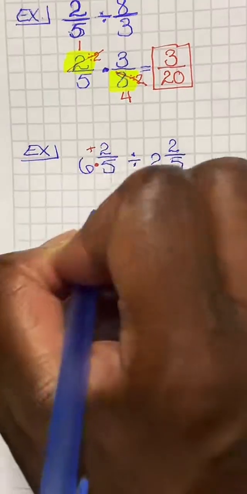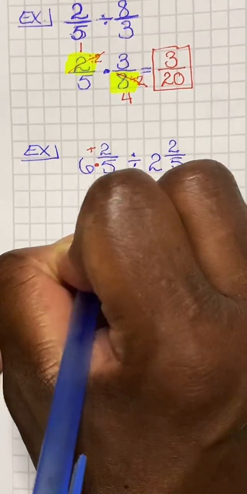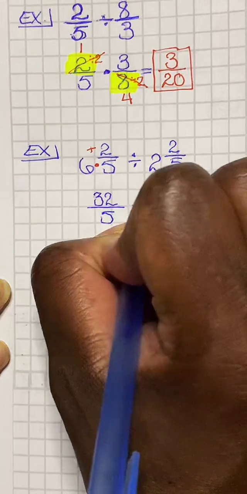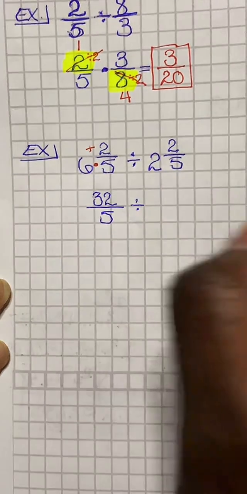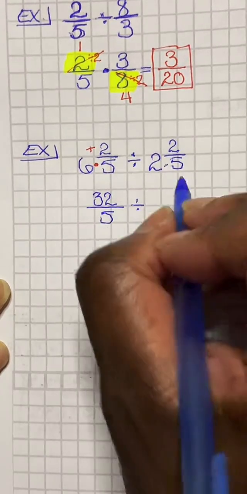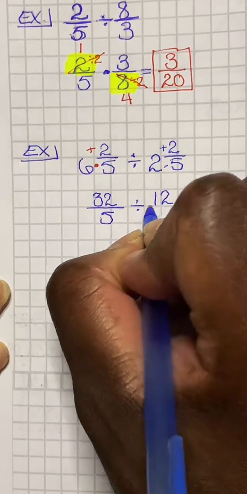So that will be 32 over 5. Divided by, change this mixed number to a fraction. So 2 times 5 gives me 10, plus 2 will give me 12 over 5.